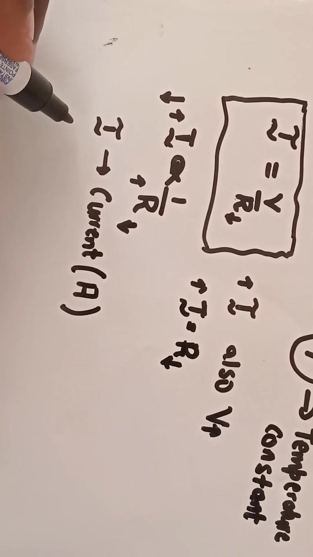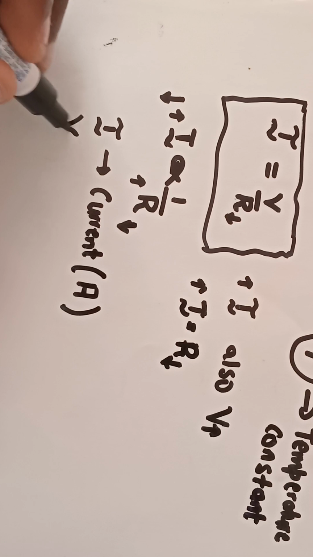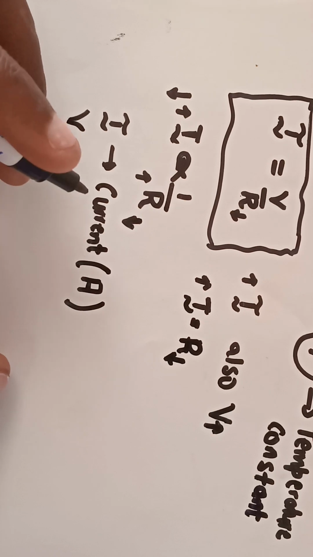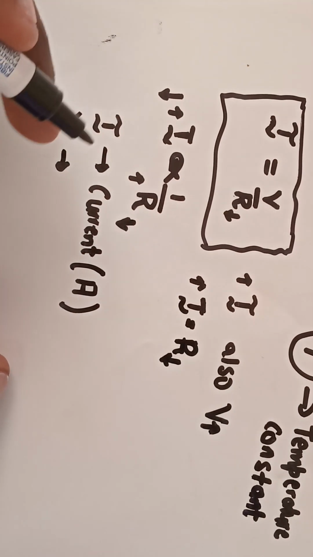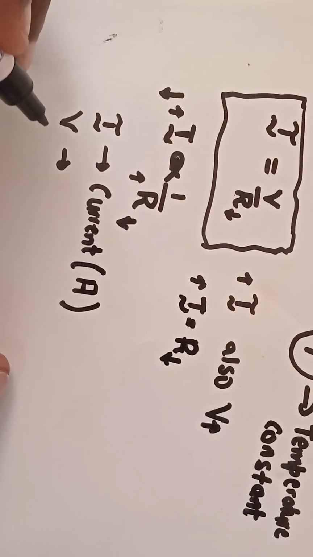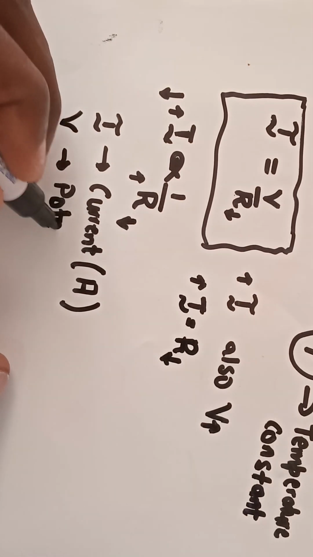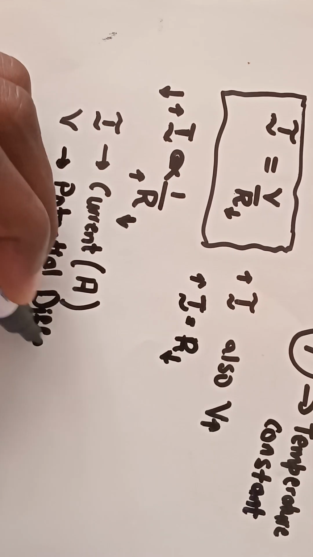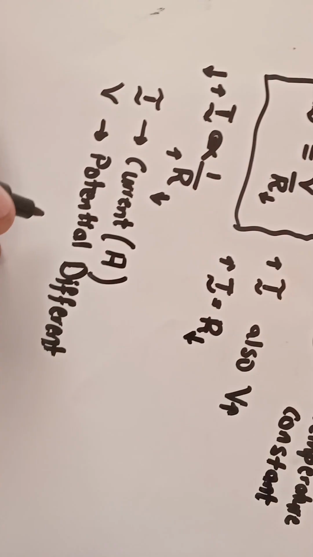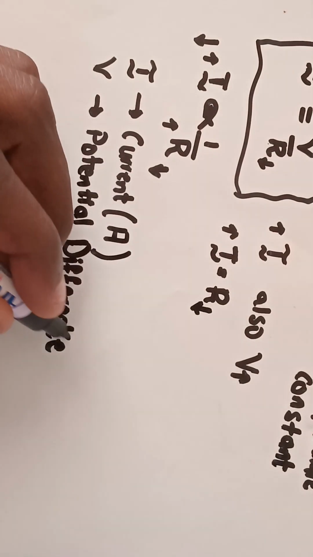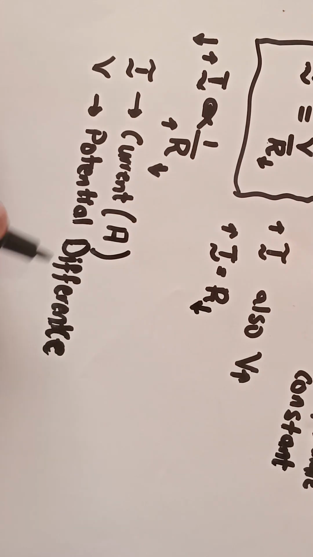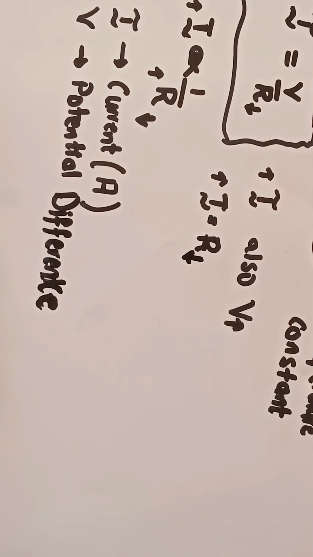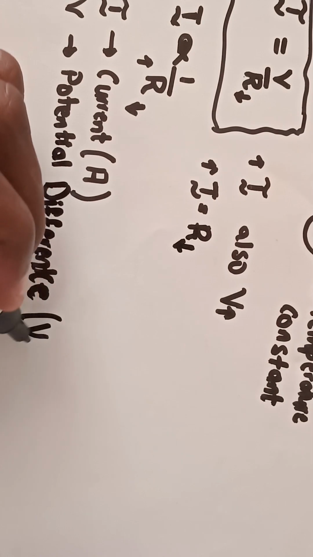So now let's look at V. V is the potential difference. I said that at the opening of this video. The potential difference is just the voltage.